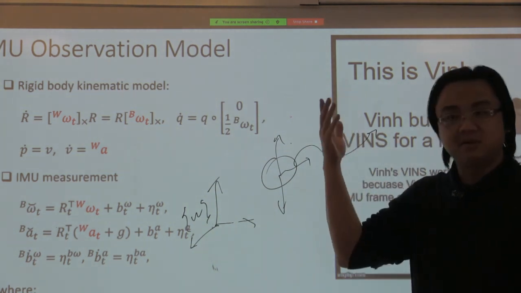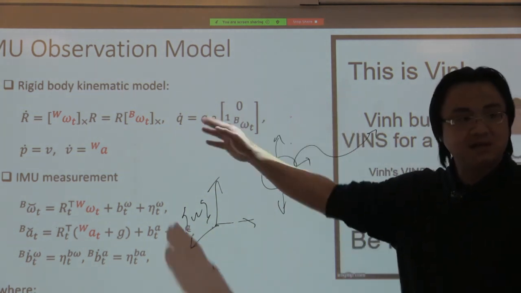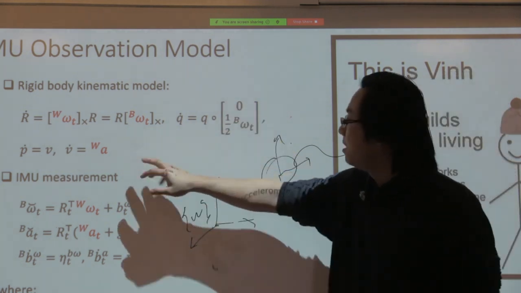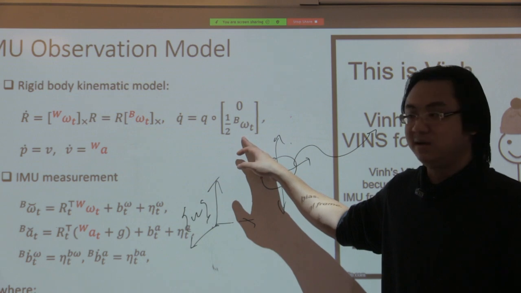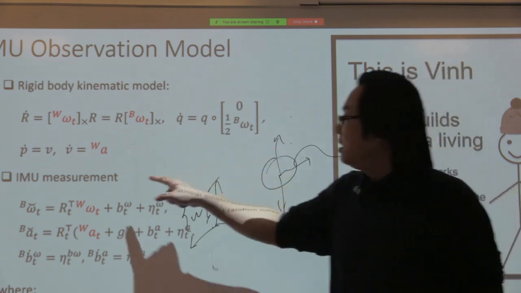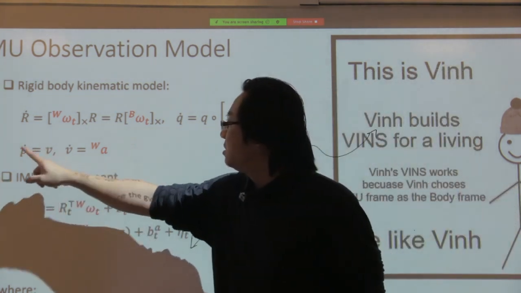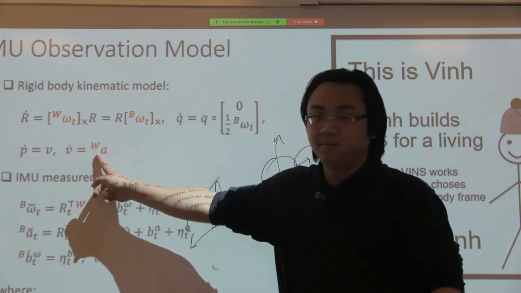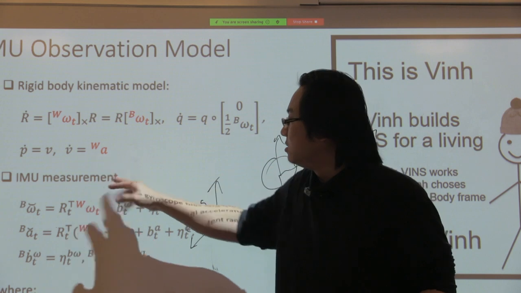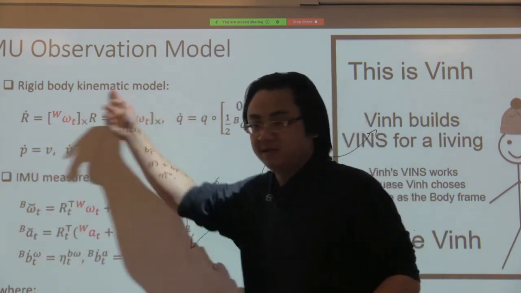There can be some lectures to explain how they derive this, but it's not important here. If you write it in quaternion, it's in this form. Okay? So, straightforward. The derivative of position is velocity, the derivative of velocity is the acceleration. So this is the physics.